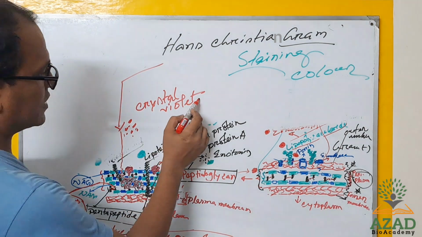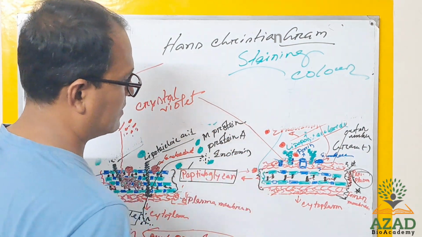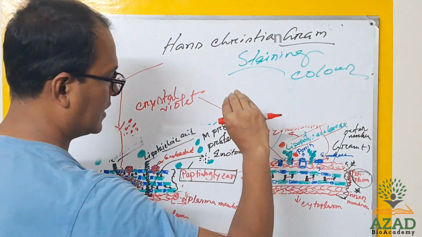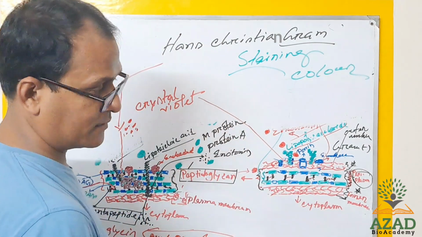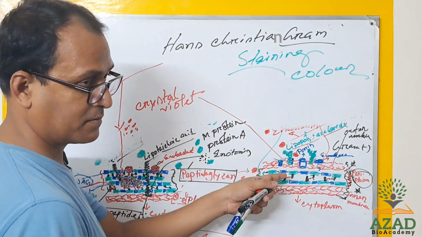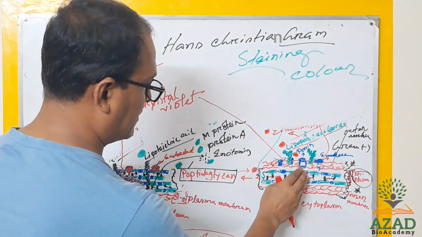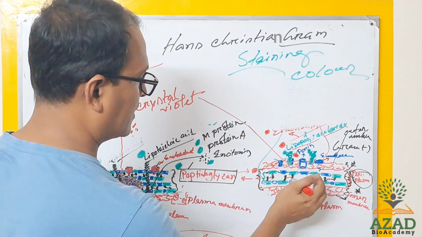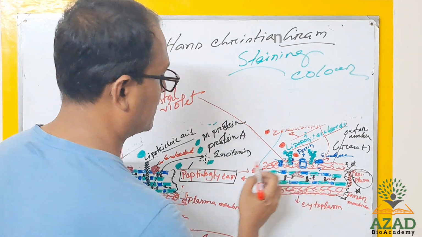If I put crystal violet on gram-negative bacteria, it has an outer membrane. Firstly, it will not incorporate into the peptidoglycan layer very easily because of the outer membrane. And even if it can pass through the outer membrane, only a very little amount can enter the peptidoglycan.